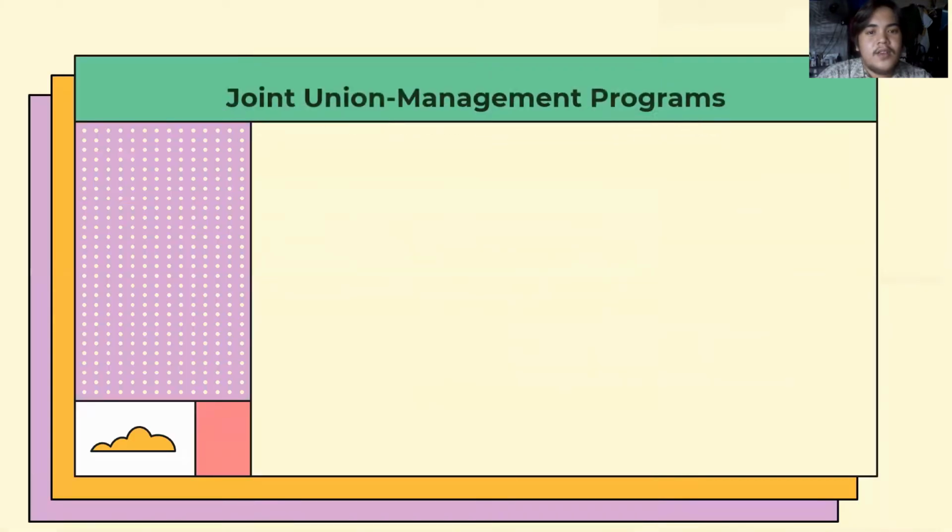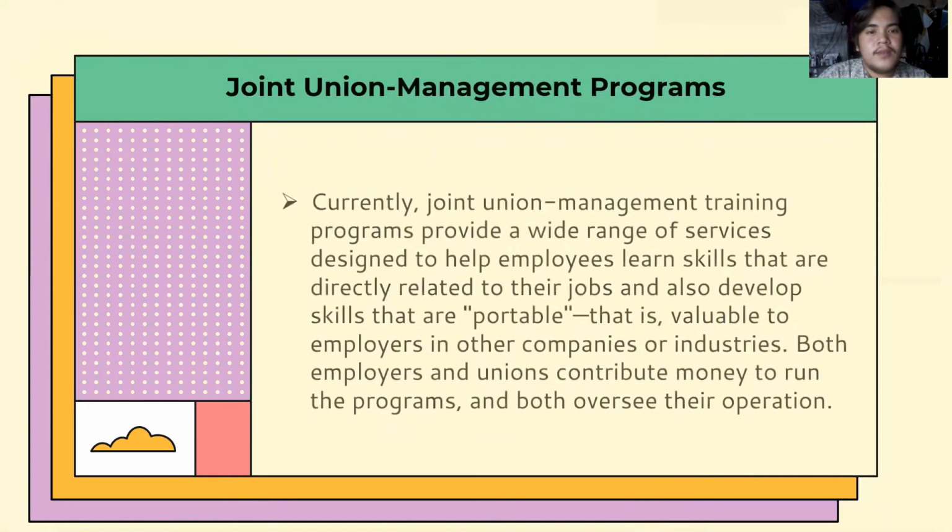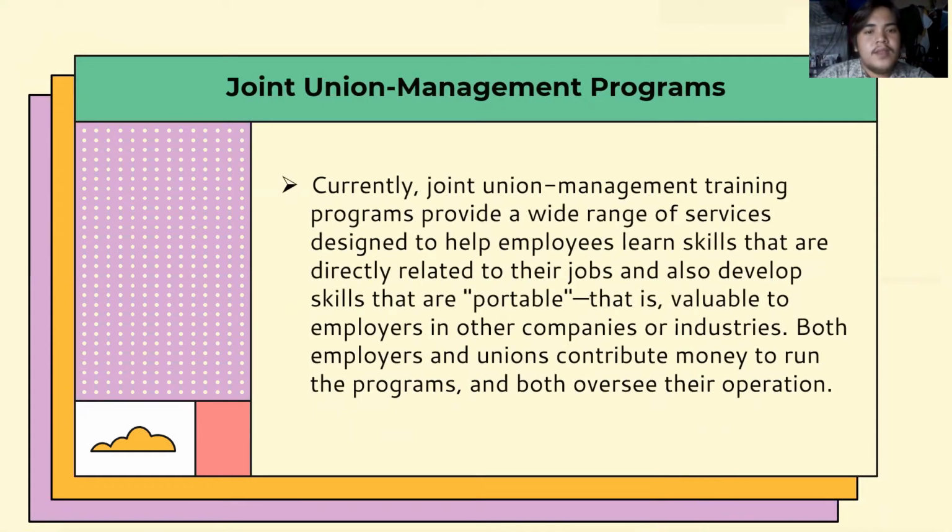Currently, joint union management training programs provide a wide range of services designed to help employees learn skills that are directly related to their jobs and also develop skills that are portable, that is, valuable to employers in other companies or industries. Both employers and unions contribute money to run the programs and both oversee their operation.